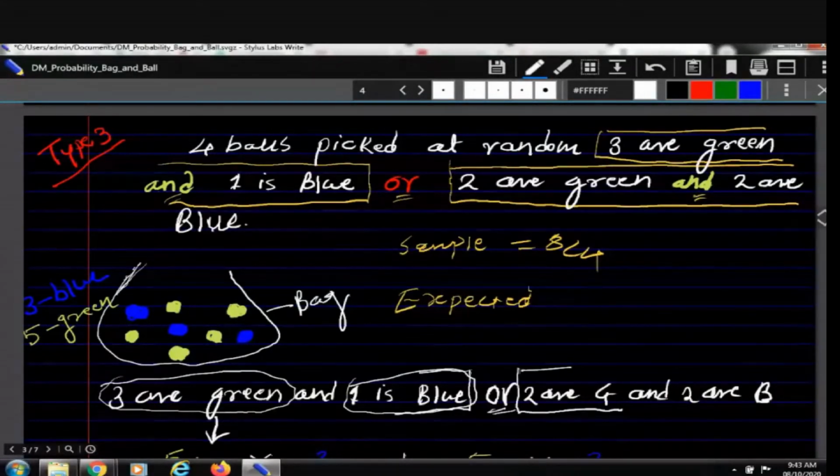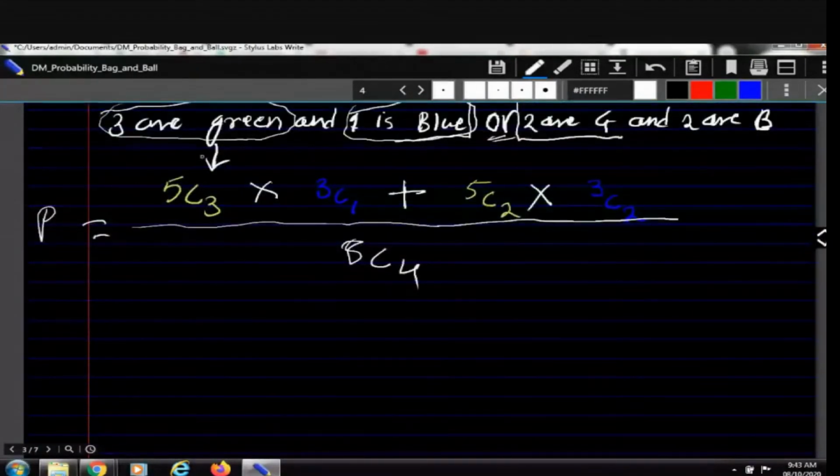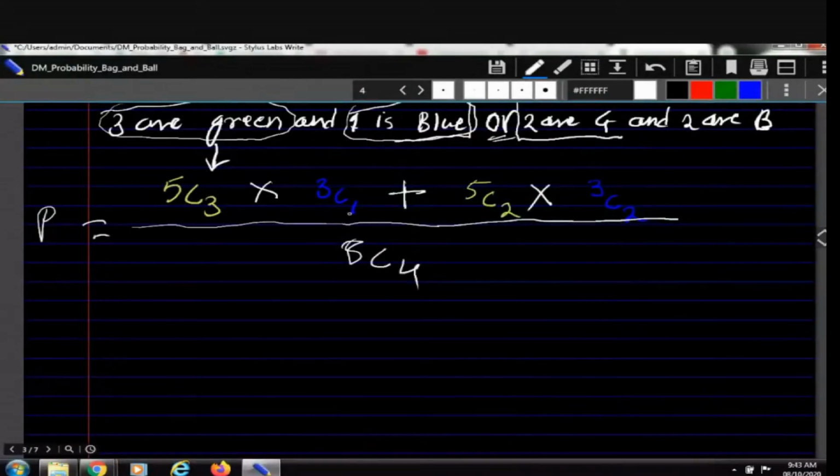Write the possibilities: three green 5C3, one blue 3C1, two green 5C2, and two blue 3C2, and check the appropriate signs. If it is AND, it is a product; if it is OR, it is plus. These two are connected by a plus. This is one statement, this is another statement, and the whole is divided by 8C4.